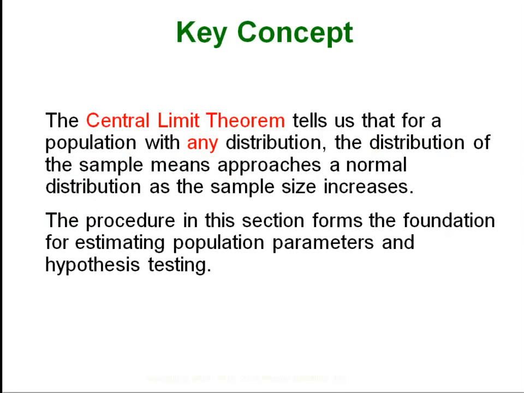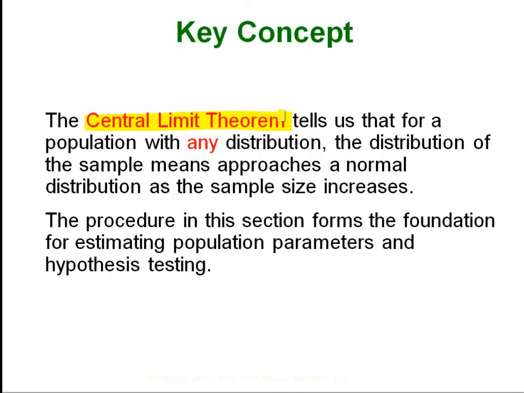Now that we understand what a regular sampling distribution looks like and how it behaves, let's talk about the central limit theorem. The real reason why we started with all this stuff is to understand the central limit theorem. Okay?